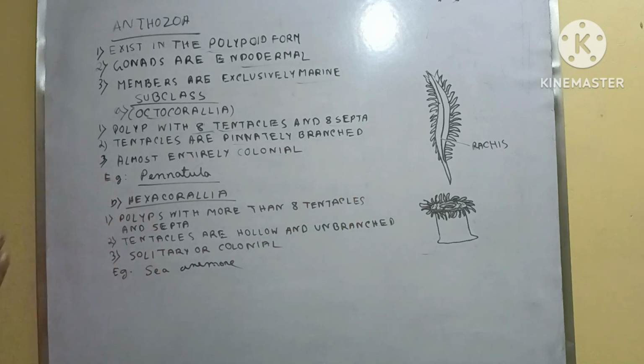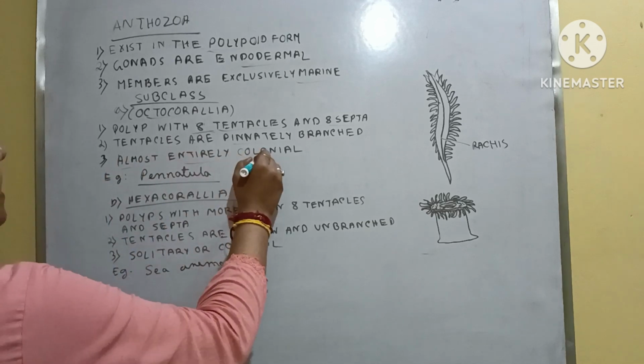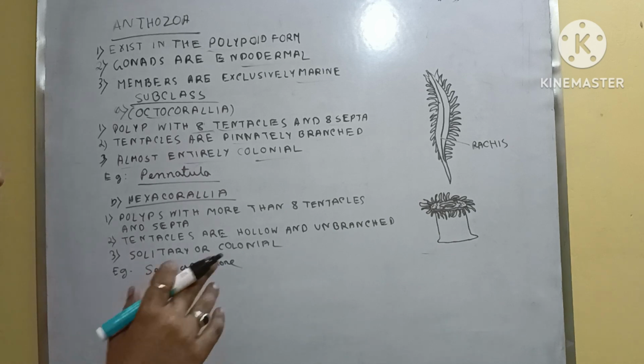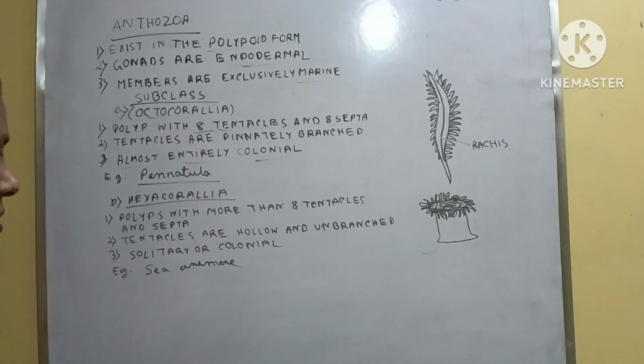Each tentacle branches into 2 or 3. And almost entirely colonial. Colonial means they do not remain in the single form. They form colonies. And most of these species remain with each other in the formation of the colony.